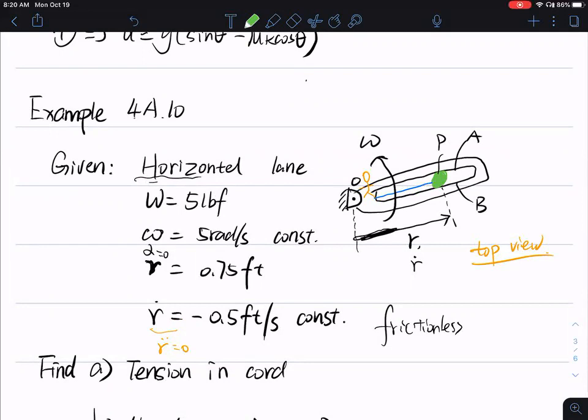And we know omega, we know omega double dot, we know R dot, we know R double dot. Does that remind you of something? What we learned in chapter 1?